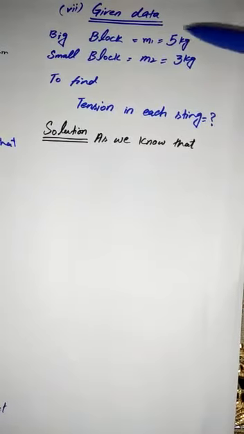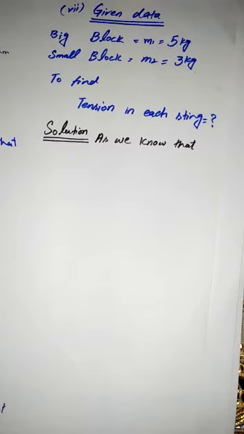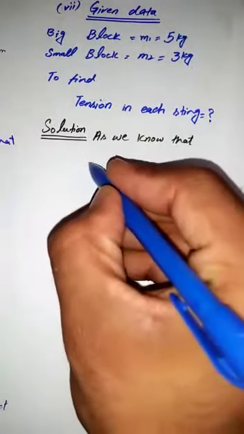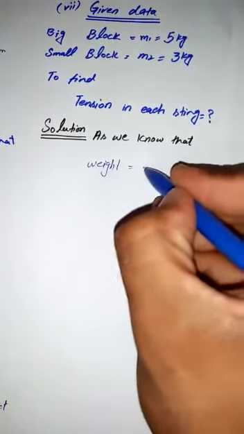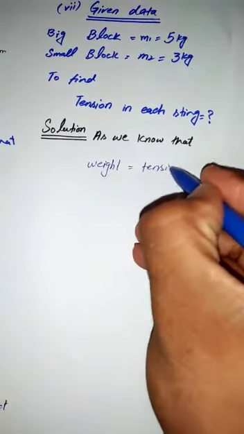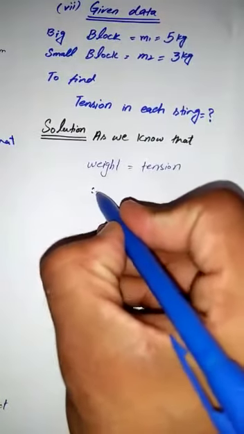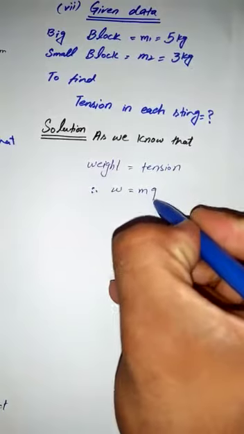The given data is: the big block mass m1 is 5 kg, and the small block m2 is 3 kg. We have to find the tension in each string. Solution: as we know, the weight of the object is equal to tension, and weight is always equal to m into g.